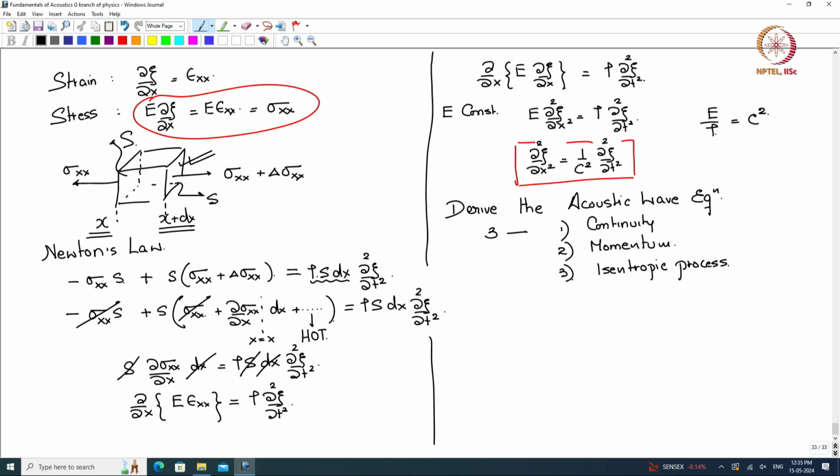Okay, so here also there is a parallel. This equation corresponds to the continuity. Okay, this corresponds to the process, okay, and this corresponds to your momentum balance. I just wanted to point out.